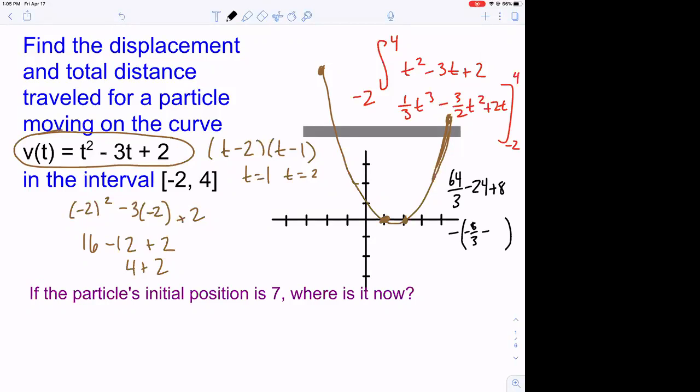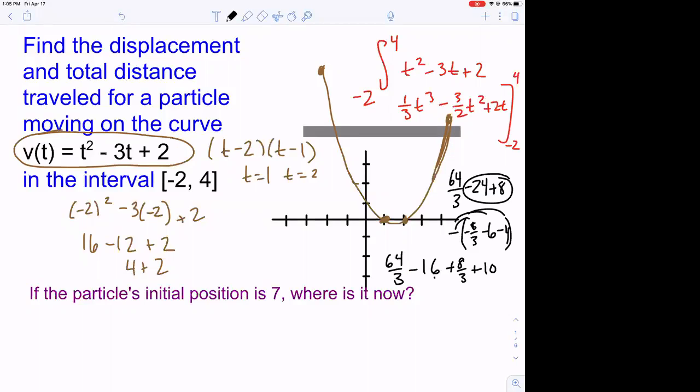minus 6 minus 4. So this is going to be plus 8/3 plus 10. This is going to be 64/3, and that's minus 16.